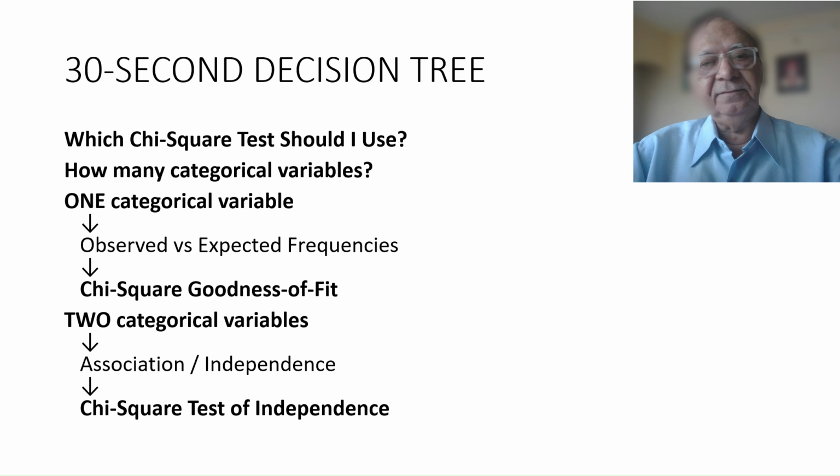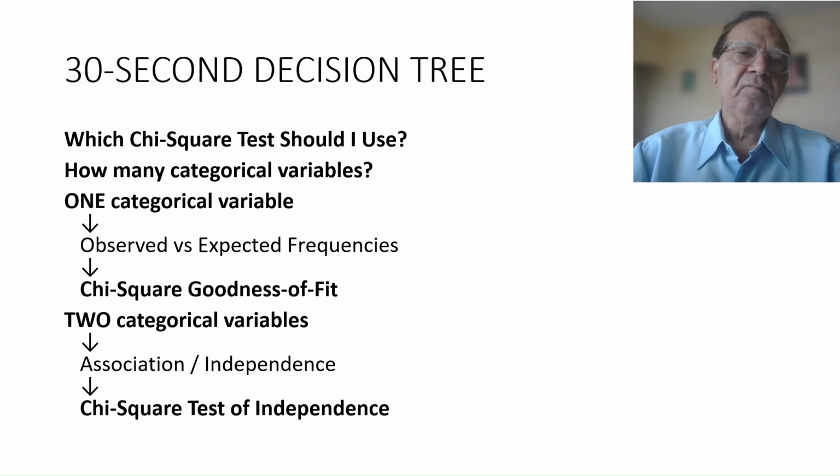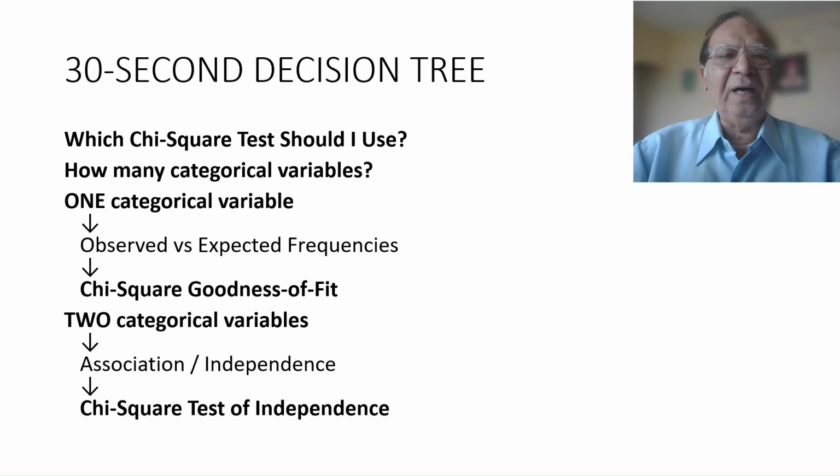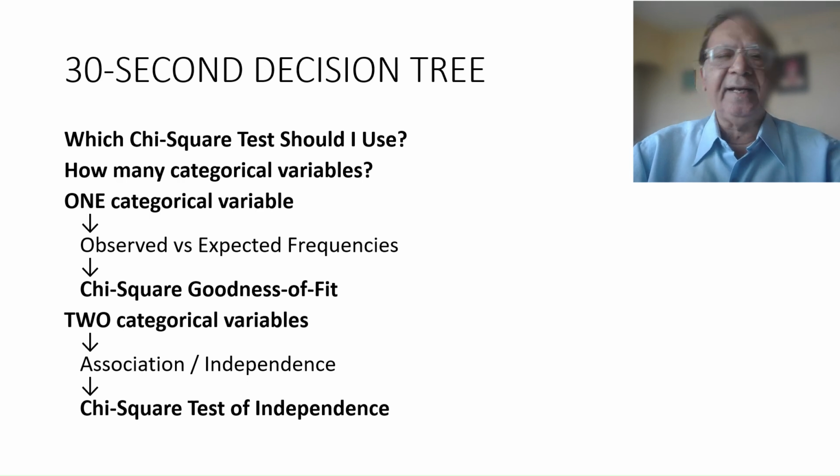Before proceeding, let us use our 30-second decision tree. Ask yourself one simple question. How many categorical variables are involved? If there is only one categorical variable and you want to compare observed frequencies with the expected frequencies, use the chi-square goodness of fit test.